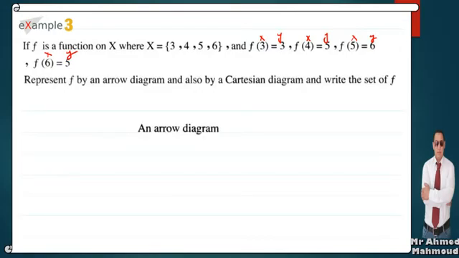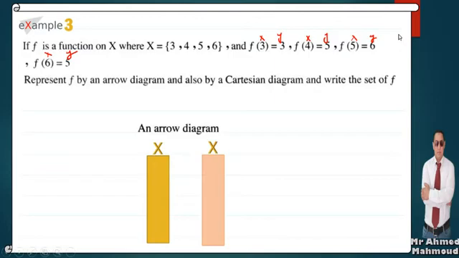First, the arrow diagram. Here it's a function on X. In the first set we are going to write 3, 4, 5 and 6, and here 3, 4, 5 and 6.